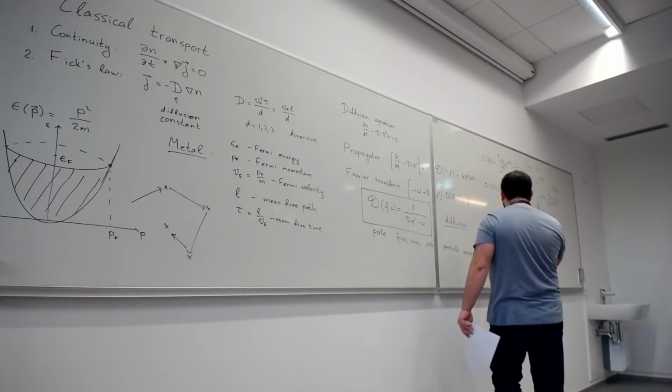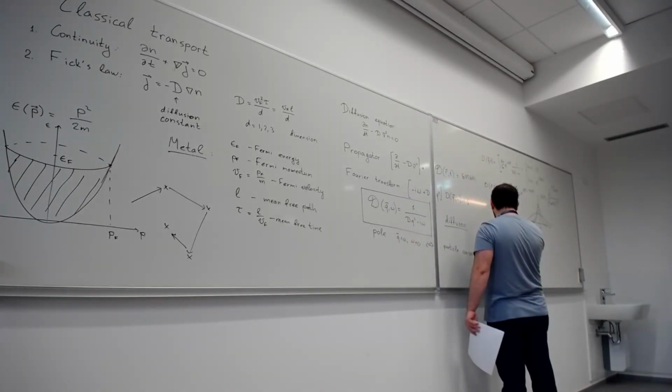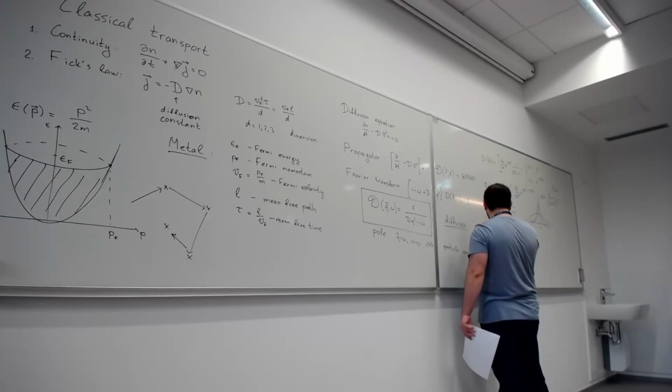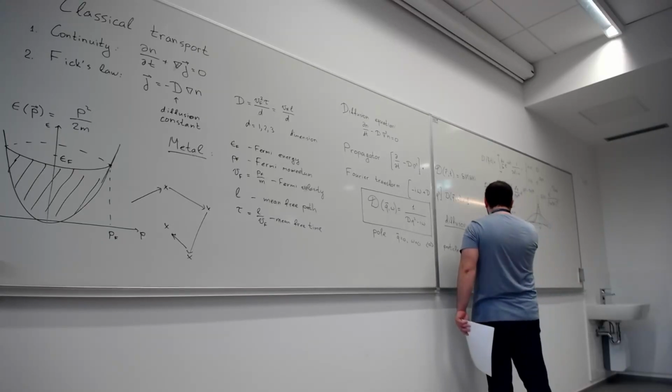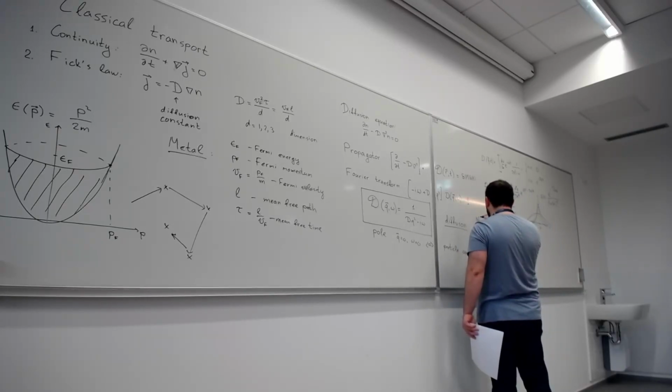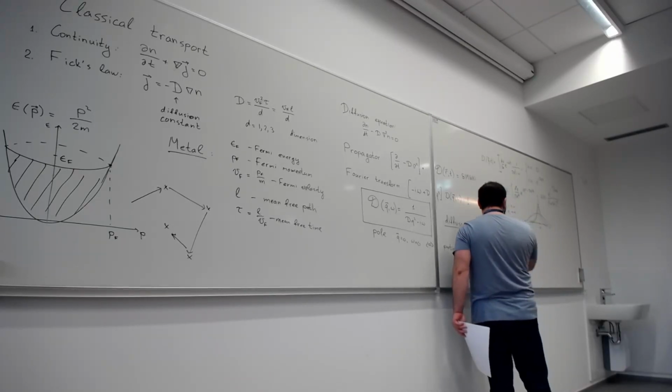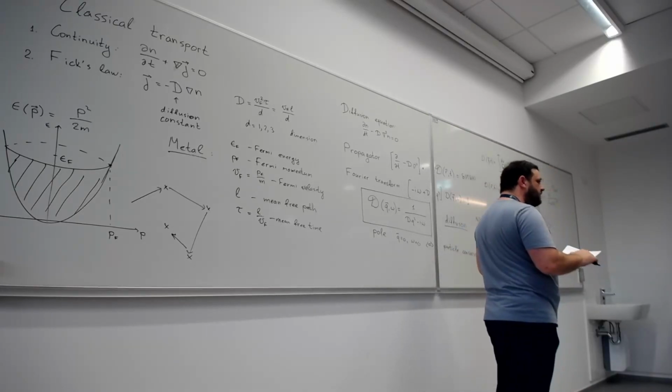Okay, so we have concentration N, which depends on R and T. We integrate it over all values of R, and this gives us the total, because the Q squared is in the denominator.